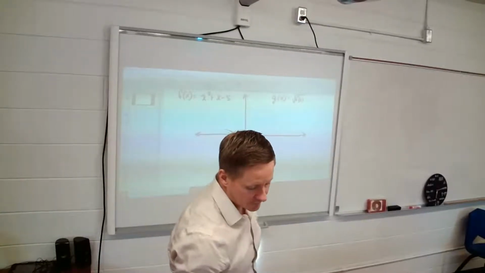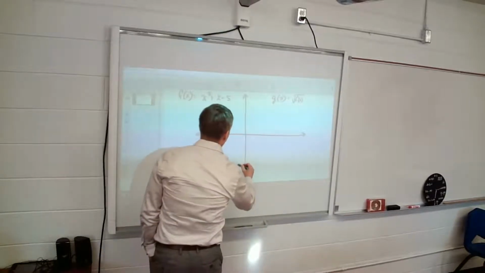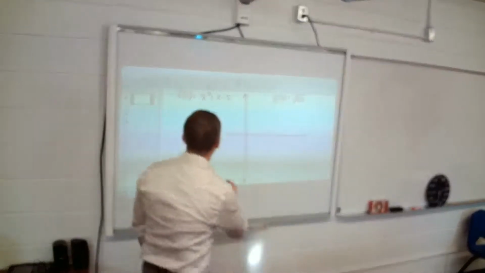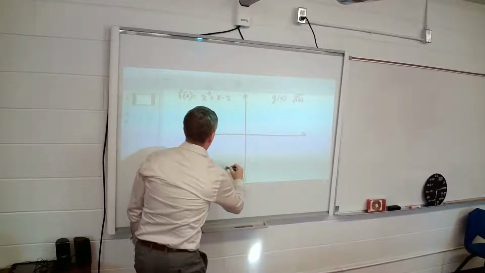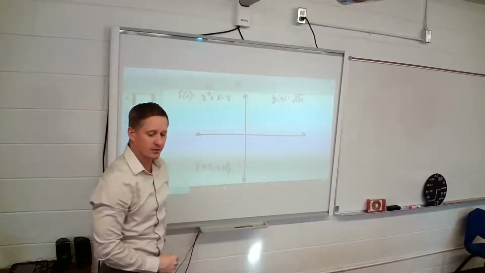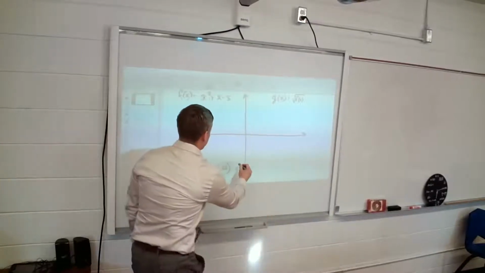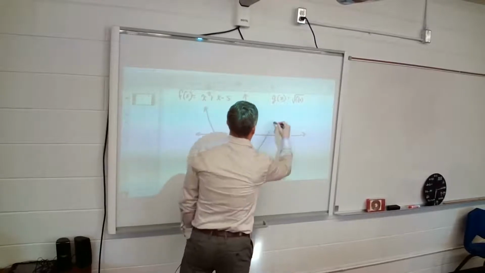So the original graph is y equals x squared plus x subtract 5. It has a vertex down here of minus 0.5, minus 5.25, right? And it doesn't much matter where I put these, so I'm going to draw it like this and like this.